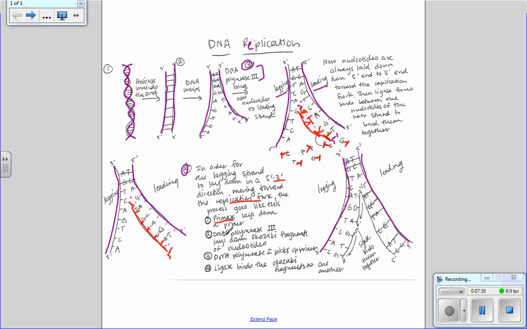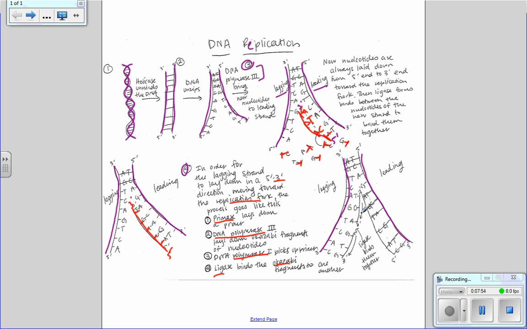And then DNA polymerase 3 is going to lay down what are called Okazaki fragments, which are segments of new nucleotides that match up, okay? And then DNA polymerase 1 comes and picks up that primer that was laid down earlier and takes it away, and ligase binds the Okazaki fragments together.